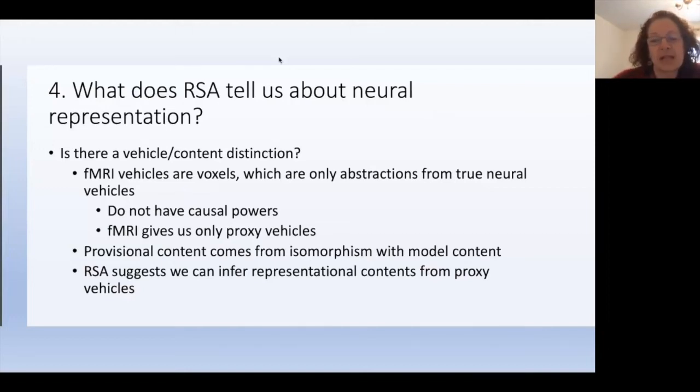And you can get provisional content ascriptions when activation values from fMRI, when you do RSA, compare favorably with content from whatever the other model is that you're using, where you presumably have an understanding of what the structure of that space is.